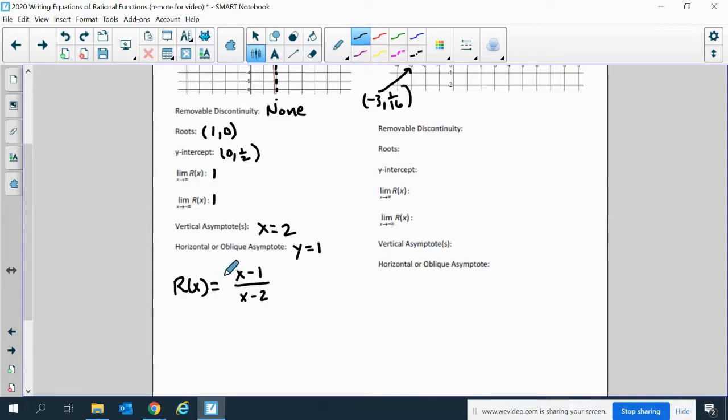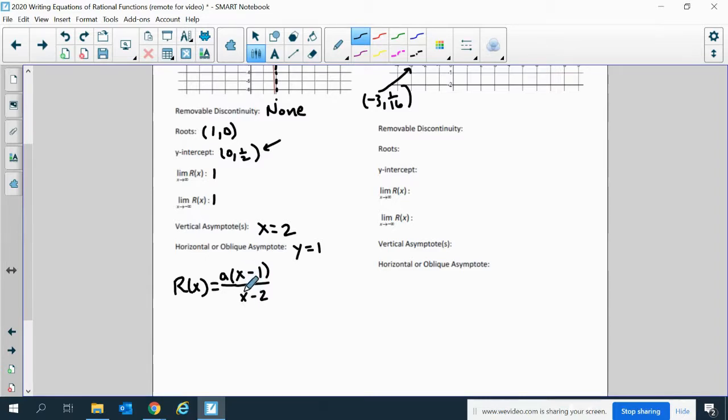And the way that we tend to do that is we put some sort of a multiplying value in the numerator, and then we see how it goes from here.